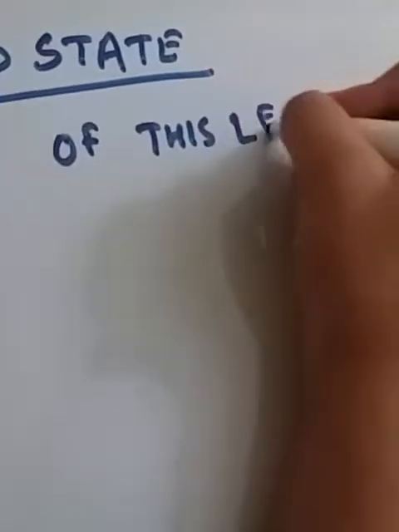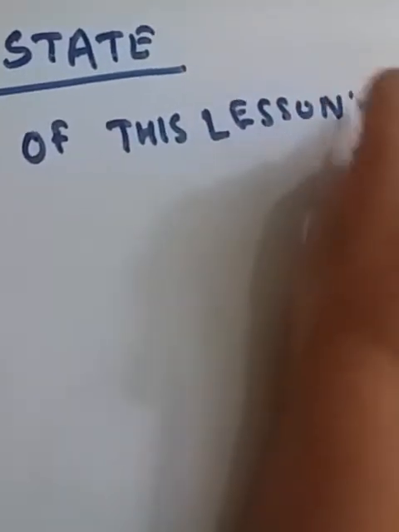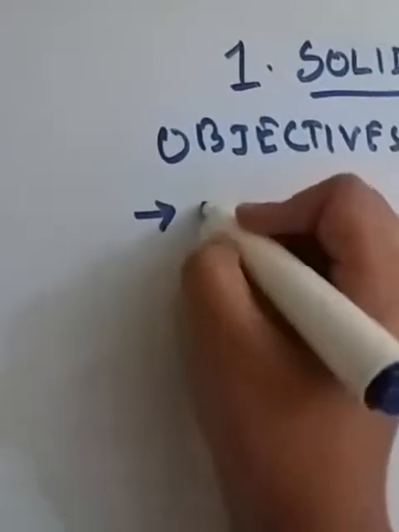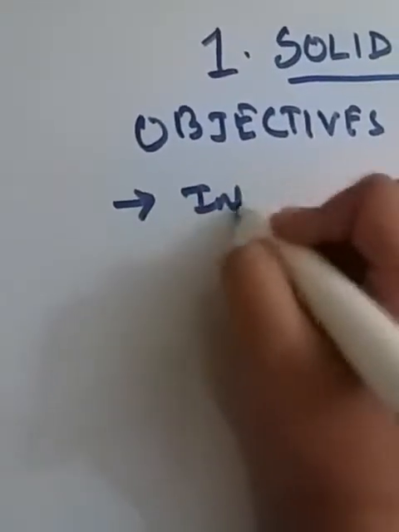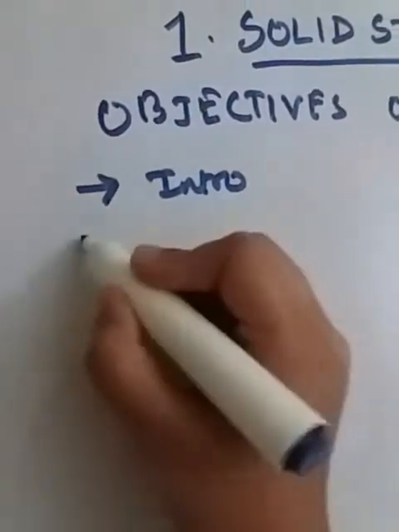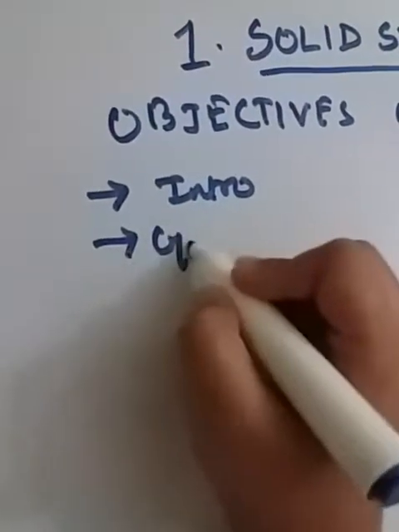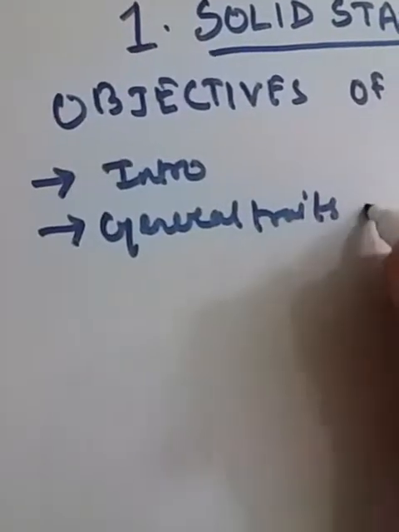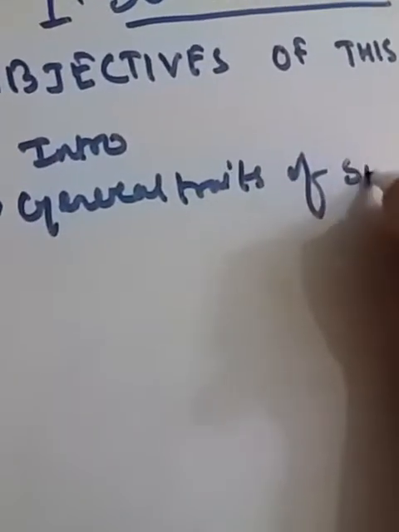The objectives of this lesson which we are going to read in this chapter are, first, an introduction. Then you will read about general characteristics or traits of solid state.